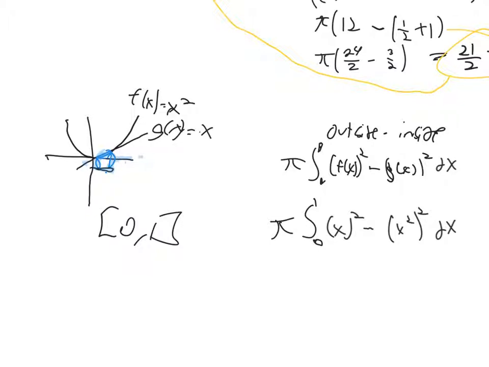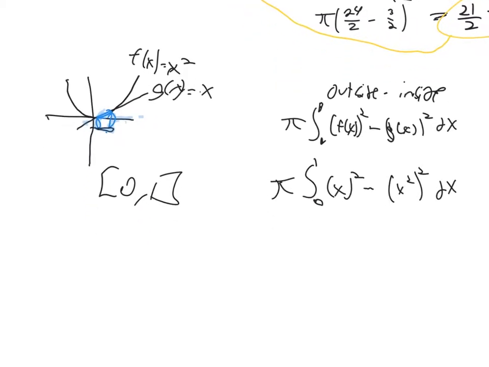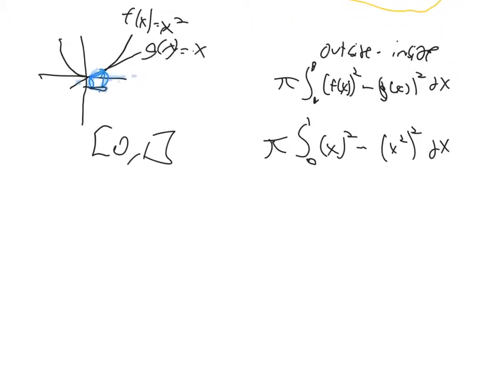And now let's find what this actually is. You could just throw it in a calculator, and I'm probably going to do that eventually, but let me solve this one by hand. Pi times the antiderivative of x squared, which is 1/3 x cubed, minus the antiderivative of x squared squared, which by exponent rules is x to the 4th. The antiderivative of x to the 4th is 1/5 x to the 5th, right?